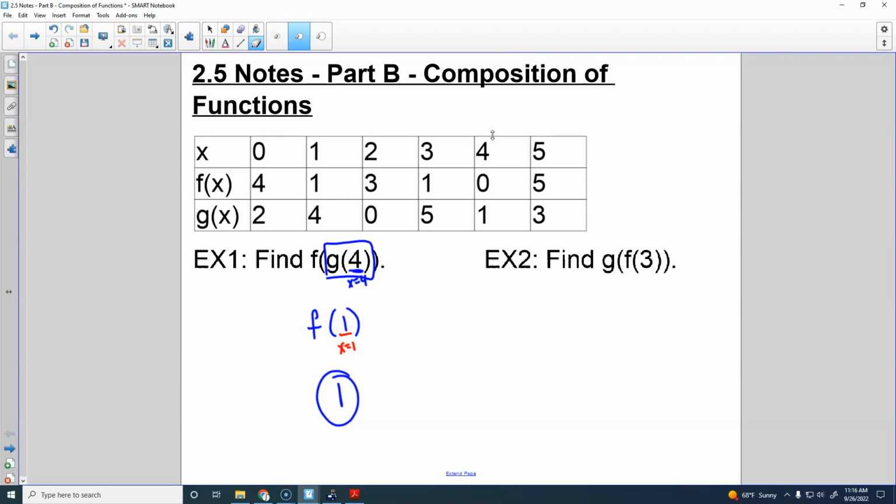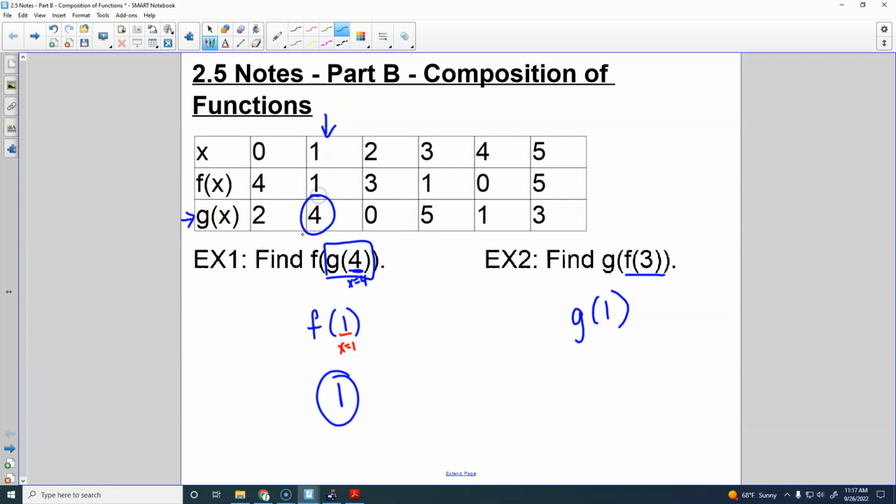All right. Okay, let's see. Mallory, what do we get when we do f of 3? I got 1. That is correct. So that means that we're now doing g of 1. And what is g of 1? Okay, so g of 1, our x value is 1. We're looking at the g function.